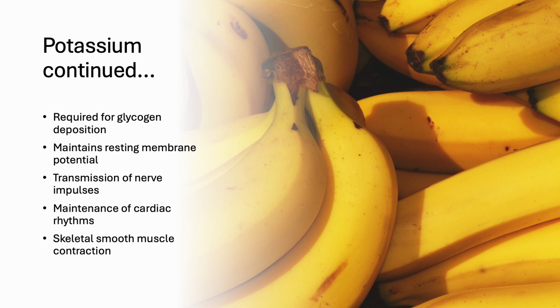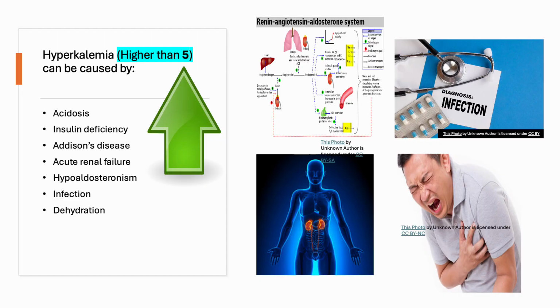Potassium is required for glycogen deposition in the liver and skeletal muscle cells. Potassium maintains resting membrane potential and assists in transmission and conduction of nerve impulses. Potassium maintains a normal cardiac rhythm and skeletal and smooth muscle contraction. Potassium balance is regulated by the kidney, aldosterone levels, insulin secretion, and changes in pH.